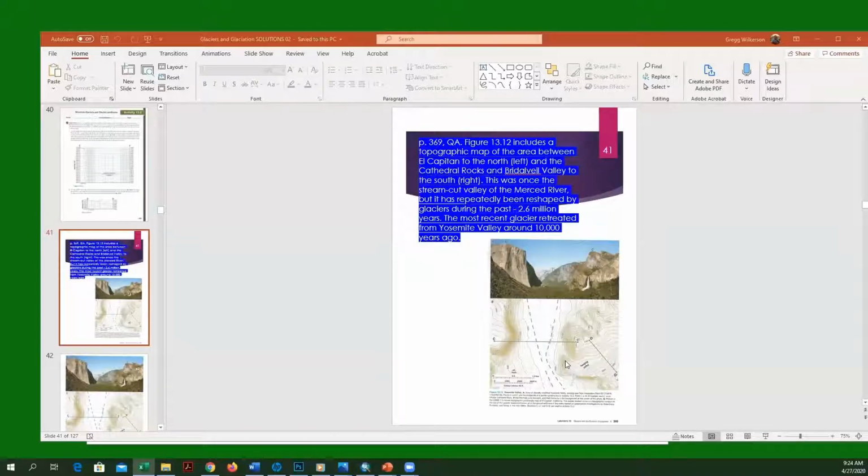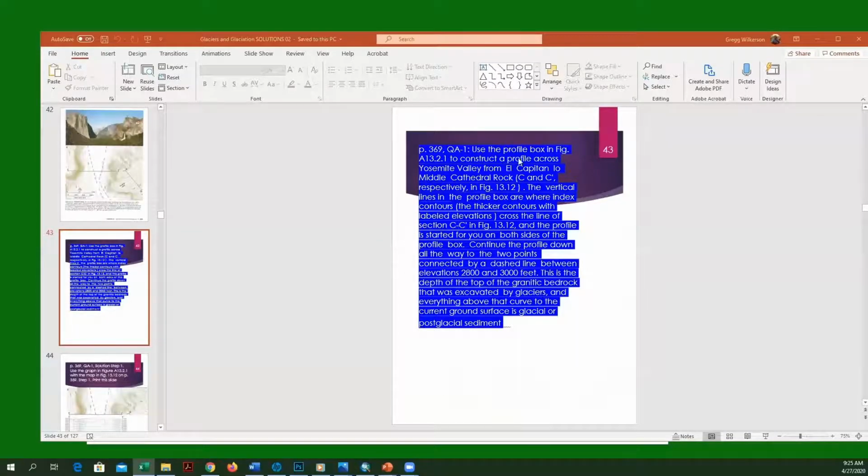Let's see, 13.12. That's 350. Oh, that's not right. Where's that? It's over here on page 359. Okay, so you've got to go to 359, and between these two pages, we're going to get the information we need to fill out the chart. So 359 looks like that.